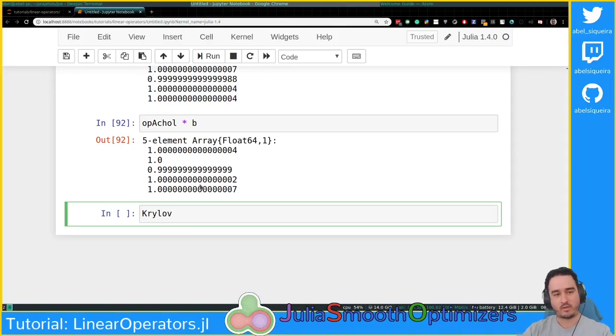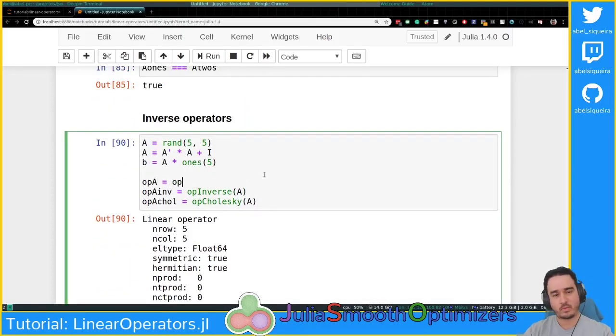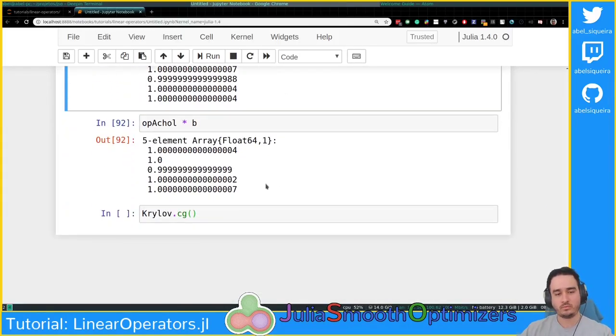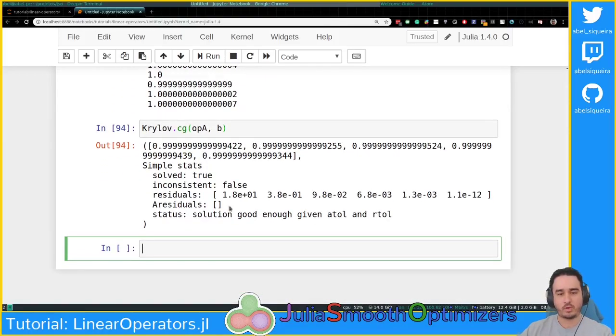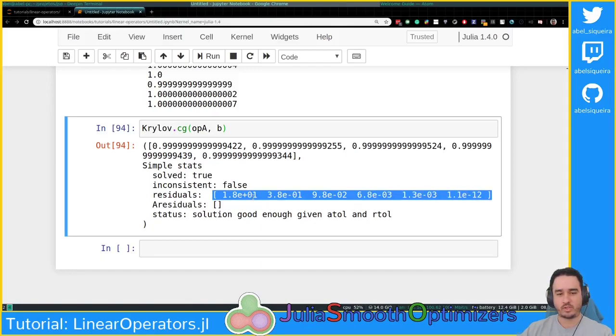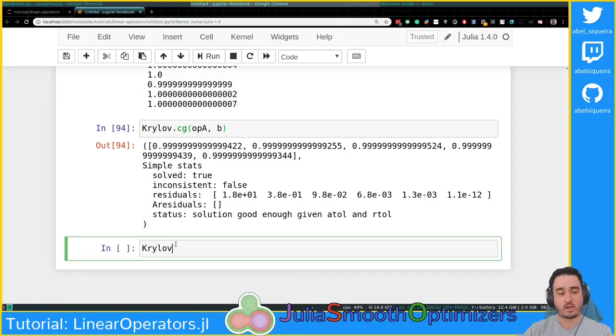So again, if I have Krylov.cg, let's define OPA. I like to give some spoilers on what's going to happen. Here I have the conjugate gradient, and here I have the number of iterations that the conjugate gradient did, which is five iterations, the starting value plus another 5.